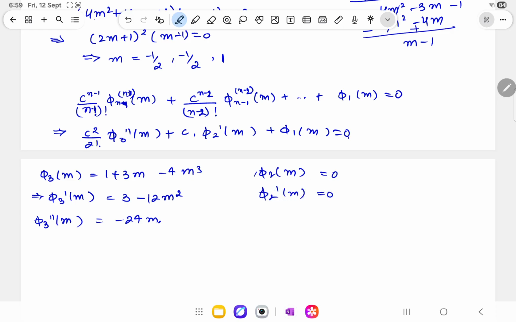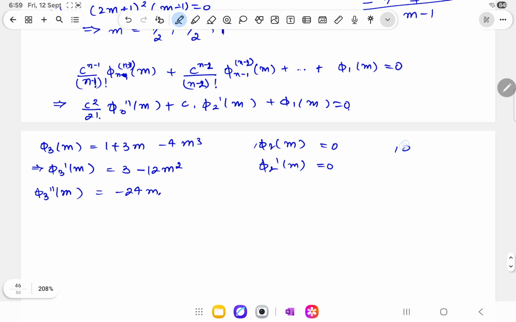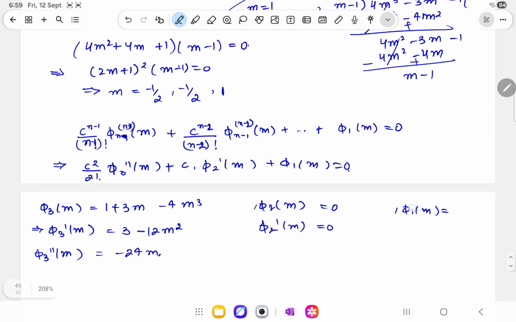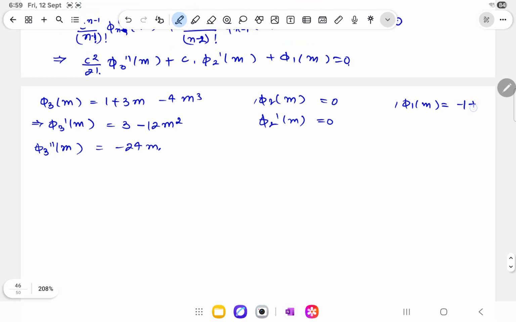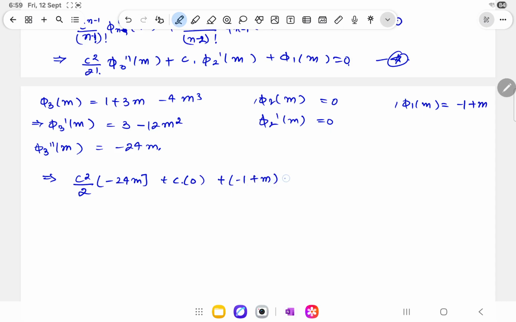Now I can just substitute these values, and my phi 1m is basically minus 1 plus m. So if I substitute these values in the star equation, I'll be getting c square by 2 into minus 24m plus c into 0 plus minus 1 plus m equals to 0.